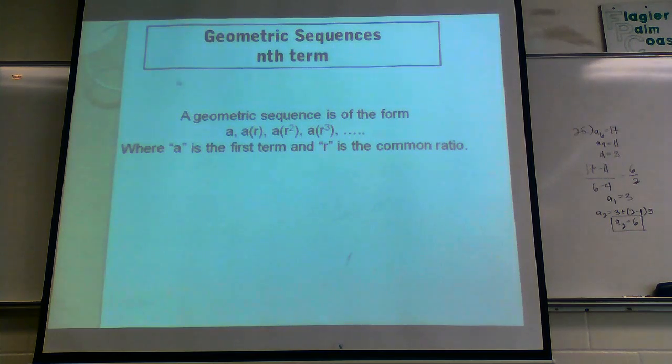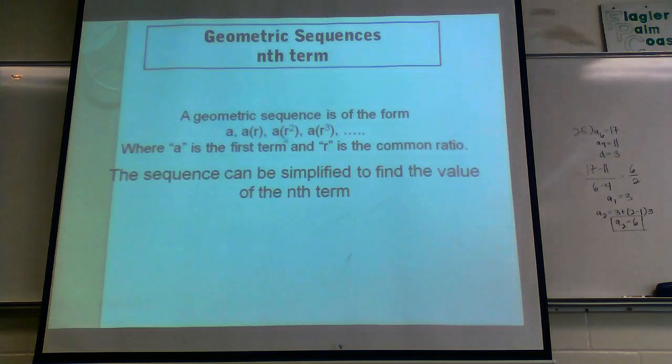It goes first term times the ratio raised to some power. If you simplify it, you would always see that the power is 1 less than whatever term you're on. Because that could go on forever: A R to the 4th, A R to the 5th.